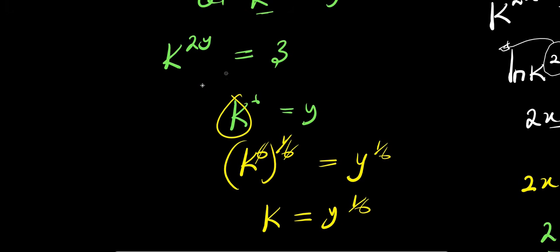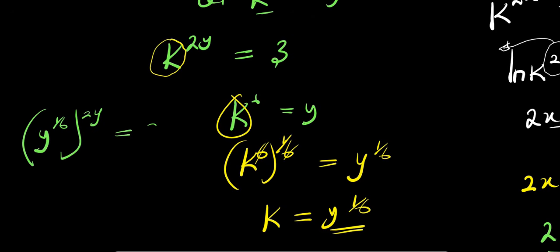Now, we are going to replace this k here with this y power 1 over 6. So we have y power 1 over 6, and this is raised to the power of 2 times y, and this equals 3. So from here, we multiply the exponents.